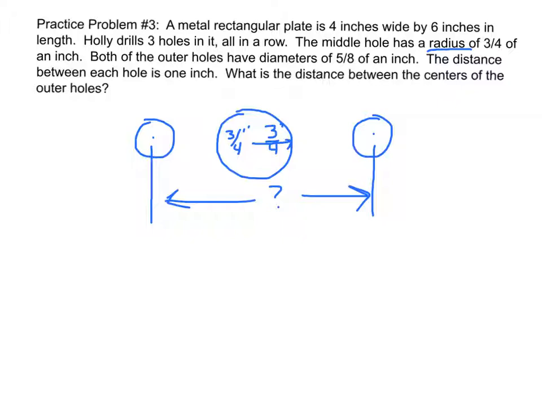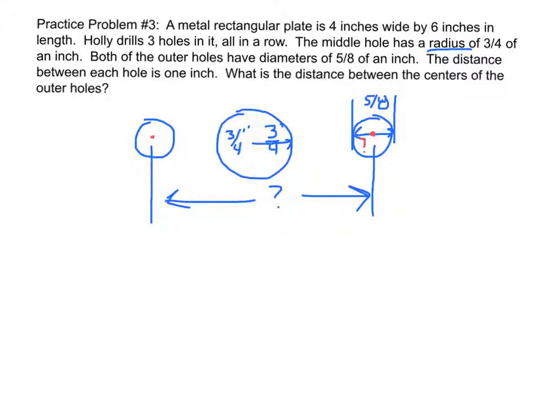It also says that both of the outer holes have diameters of 5/8 of an inch. So a diameter is the distance from one edge of the circle to the other edge through the center. So I know that the entire diameter here is 5/8 of an inch. Well, if I want to find the distance from the center here to the center there, I'm going to need to know what is this distance right here.